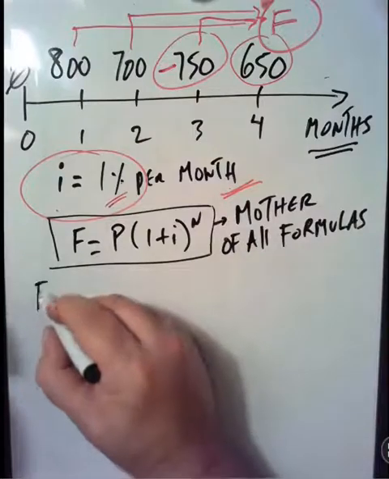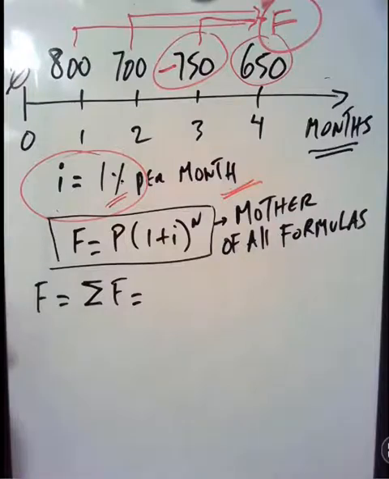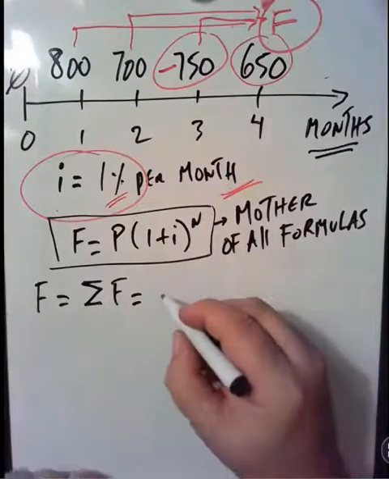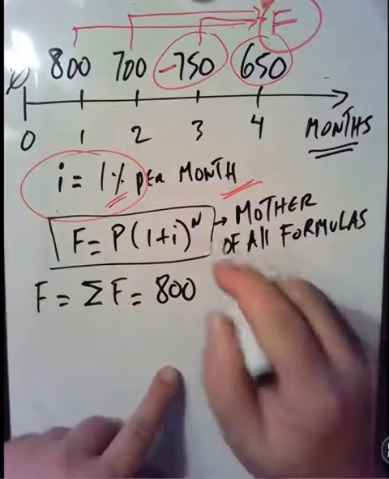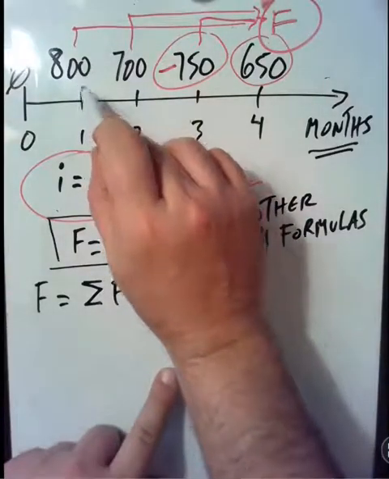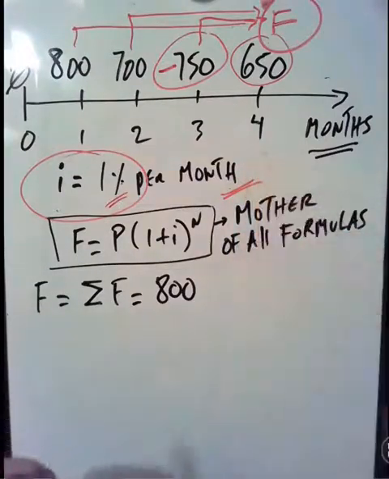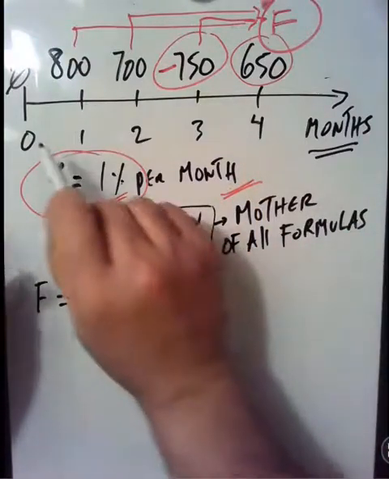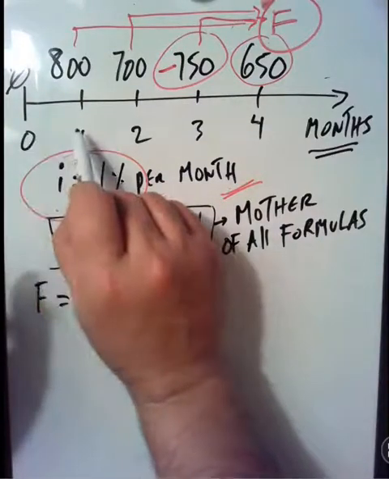So in this case, the future value is basically equal to the summation of all future values. And therefore we're going to have $800. They're going to be earning interest for how many months? Not the full 4 months, because I am only expecting to have $800 a month from today.